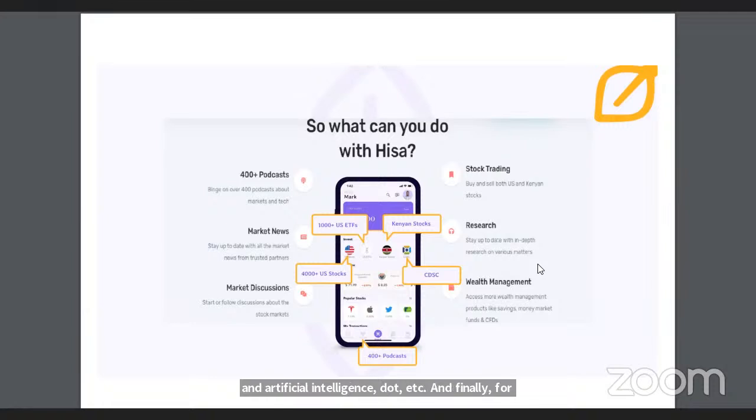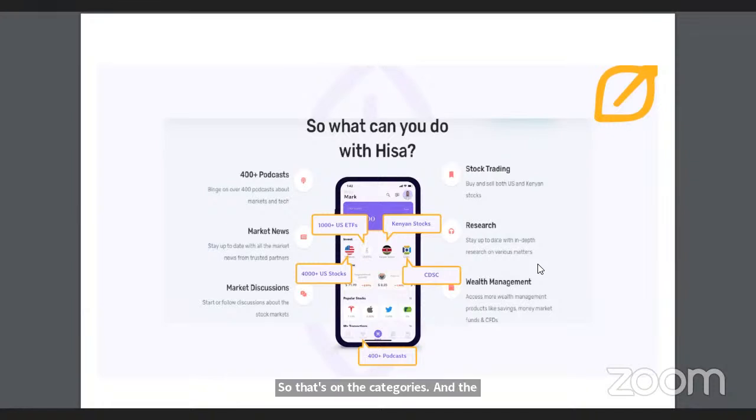So we have some specifics that are provided to identify Sharia compliant stocks. These are basically companies that are not involved in businesses that are considered haram. So that's on the categories.